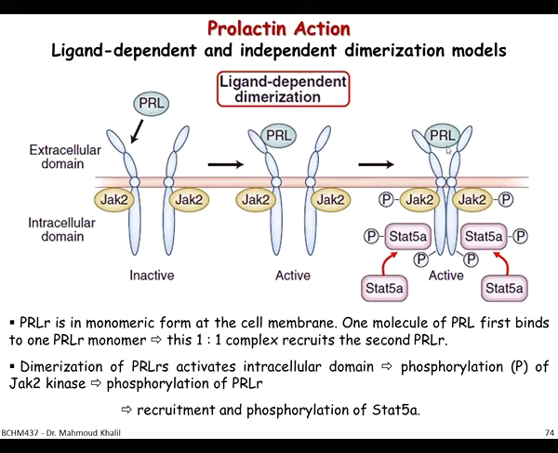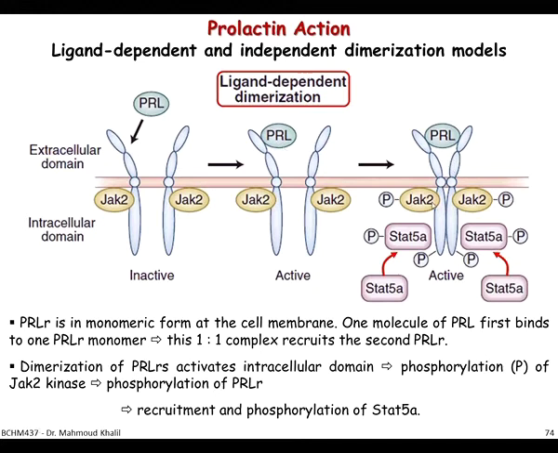This dimerization will activate the intracellular domain, the region of the receptor inside the cytoplasm, which leads to phosphorylation of an important kinase, JAK2 kinase, which leads to phosphorylation of the receptor itself. So again, the prolactin binds to one molecule, and this induces dimerization.